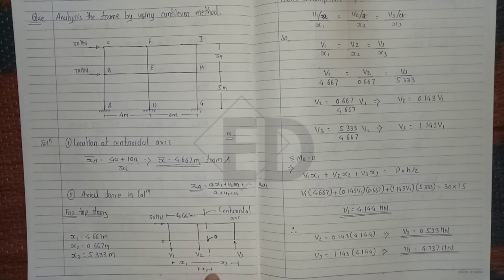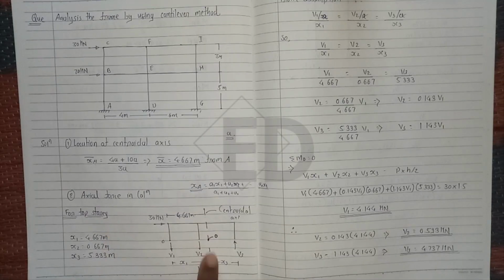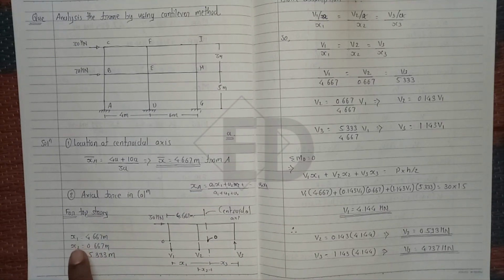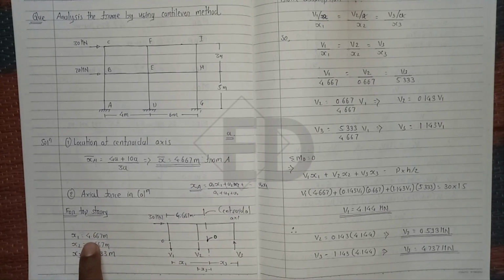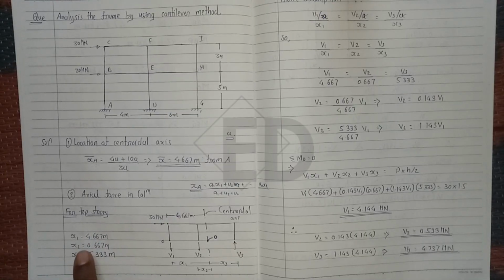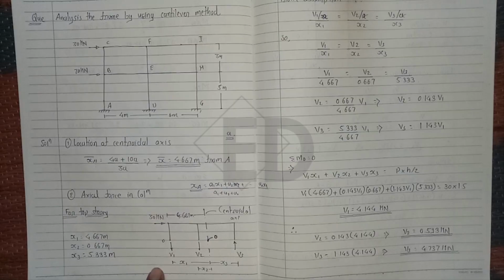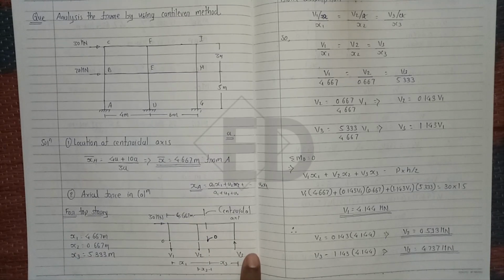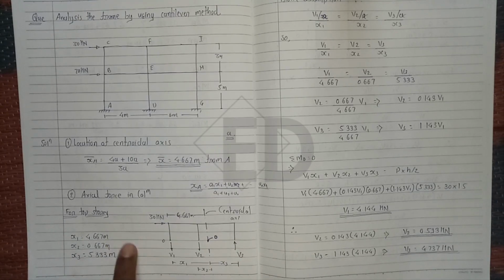So x1, x2 and x3 are the respective distances from the centroidal axis. The value of x1 is 4.667. So x1 is the distance of force v1 from the centroidal axis, x2 is the distance of v2 from the centroidal axis, and x3 is the distance of v3 from the centroidal axis.